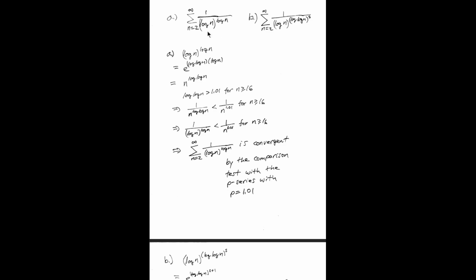Well, we look at the denominator here, (log n) to the log n. That can be written as e to the log n times the log of n. Well, e to the log of n is simply n, so we can bring that down, and this will equal n to the log n.